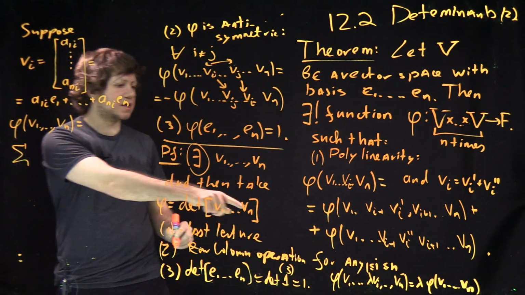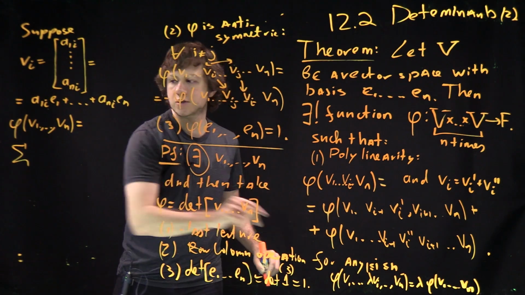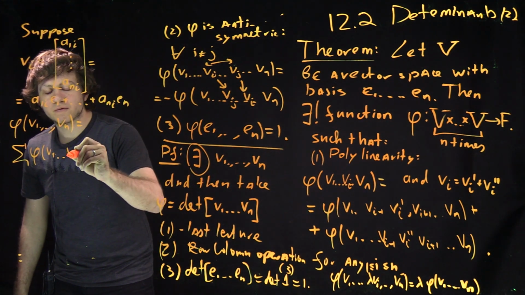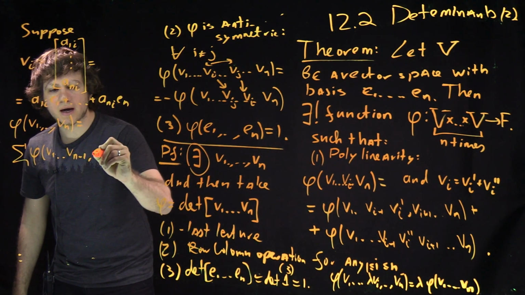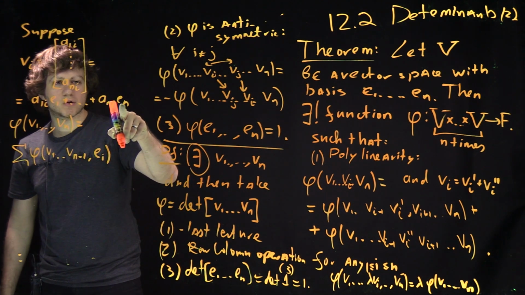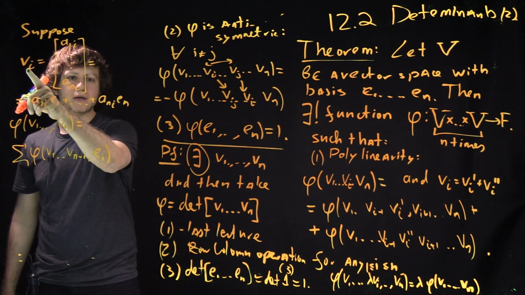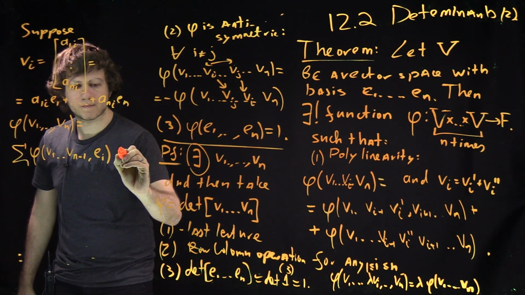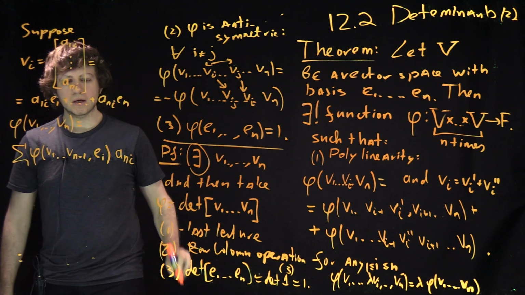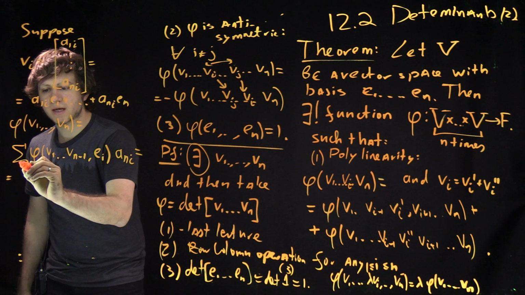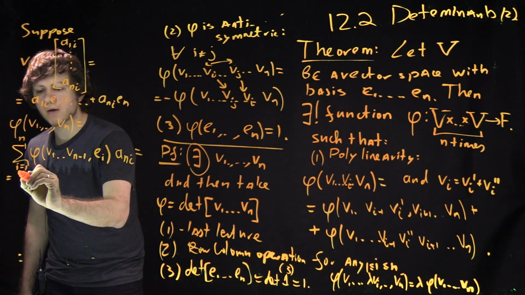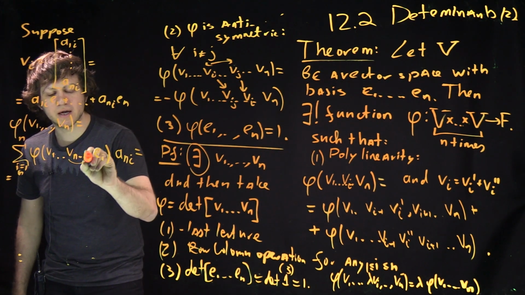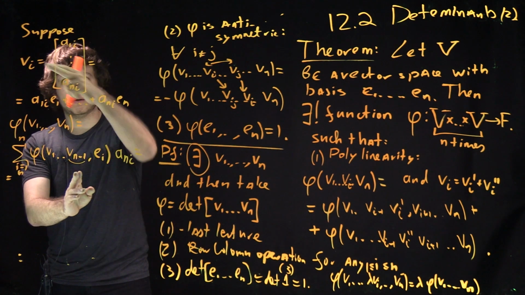So let's apply these two properties to vn, and thus we will get a sum of phi of v1 up to vn minus 1 and ei, times the coefficient of ei, which for vector vn is a ni. Then we can apply the same rules and sum from i equals 1 to n. I can write down each of them as a sum, presenting vn minus 1 using this formula.